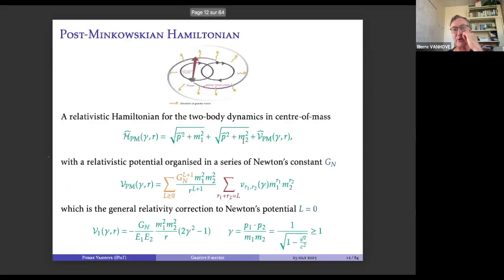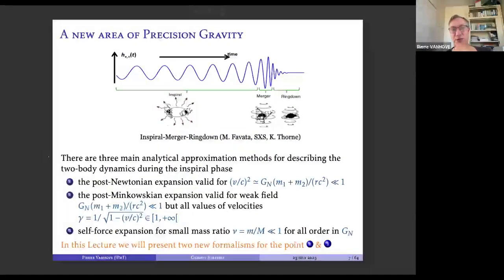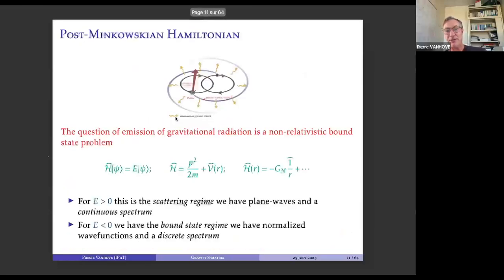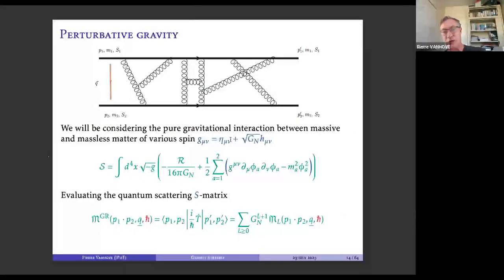This is a very crucial point, so I'm going to spend some time on it. Normally what we do is that we have two objects that are interacting, and at some point they feel that the geometry is not flat space, right? But the computation is still done in perturbation around flat space.